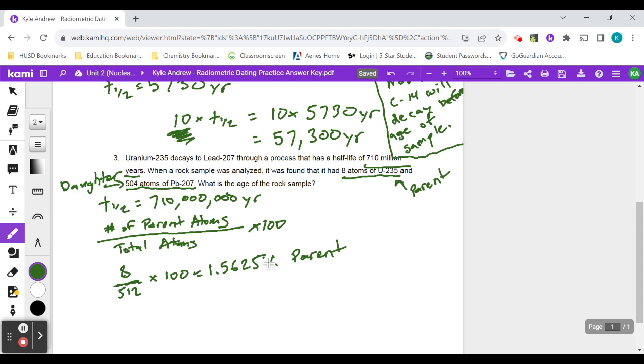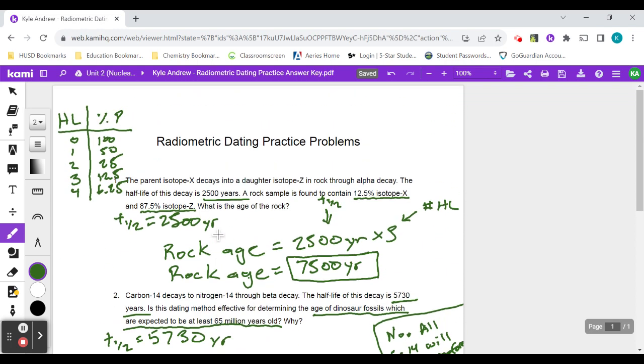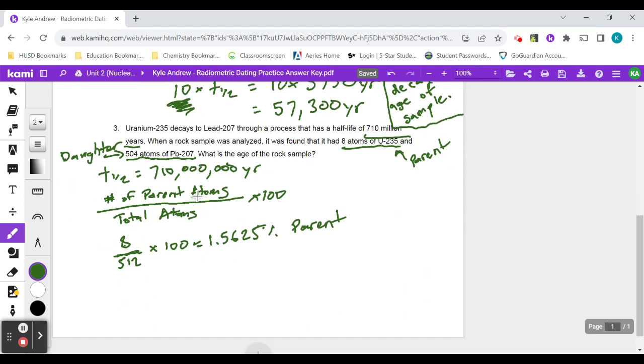Now, if we look back up here at our chart, we stopped at 4 half-lives, but we can continue this, right? At 5 half-lives, we have 3.125%. At 6 half-lives, we're going to have 1.5625%. So we've undergone 6 half-lives.